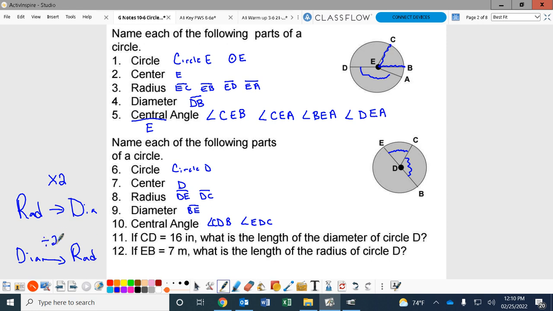Divide by 2. You got to know that because they're going to ask you questions like this. If CD is 16, CD is this piece right here, is that a radius or a diameter? A radius. To get to a diameter, we multiply that 16 by 2, which gives a length of 32 inches.